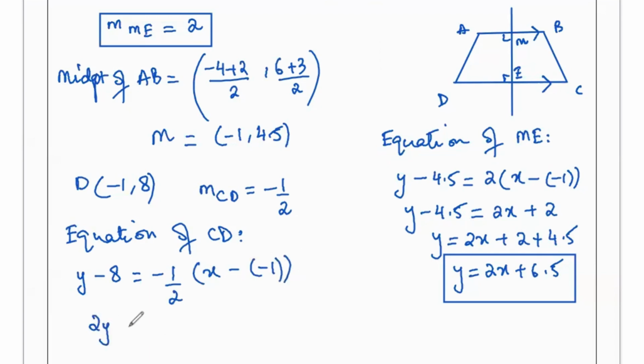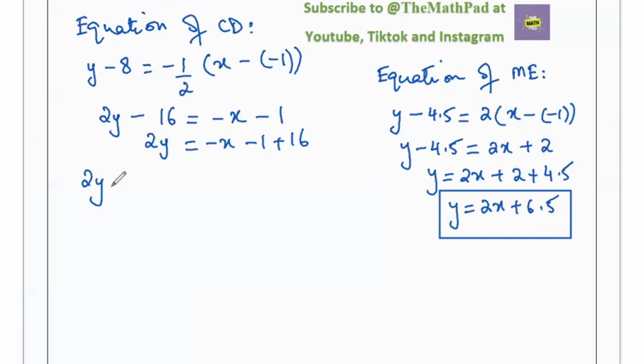So that's 2y minus 16 equals negative x minus 1. 2y equals negative x minus 1 plus 16. So 2y equals negative x plus 15. And y is negative x over 2 plus 15 over 2. That is the other equation.